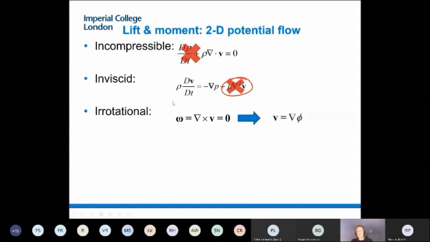On those three conditions, from the third condition, we have that the velocities can be derived as the gradient of a potential flow function. From the first equation, now we have that the divergence of the gradient becomes 0, which becomes the Laplacian of the potential flow function is equal to 0.